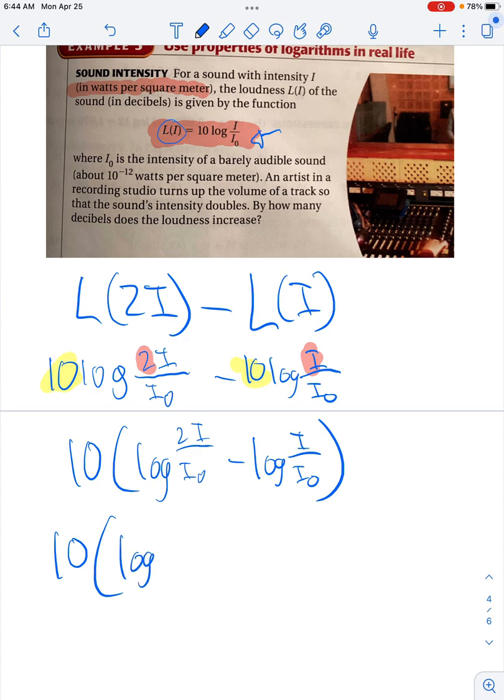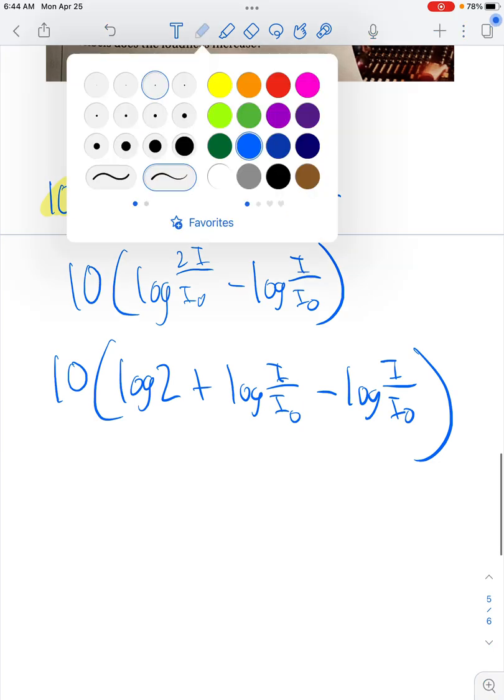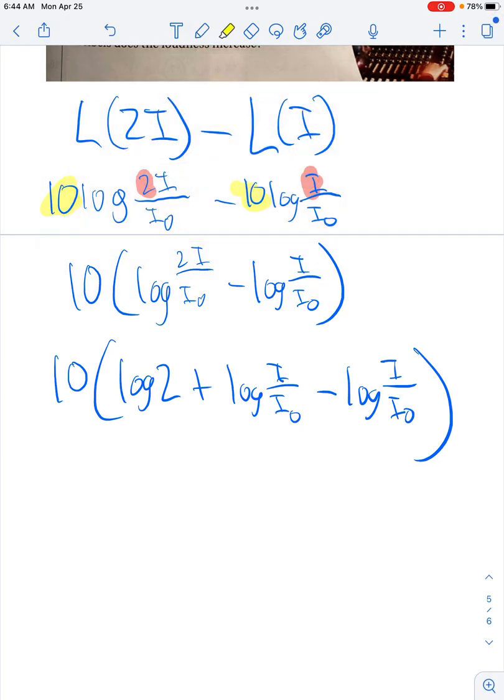I'm going to say log of 2 plus log of I over I sub 0 minus log of I over I sub 0. Hopefully you see why we do this stuff, so that we have the exact same thing subtracting each other, which is going to cancel out. So we are just left with 10 log 2.